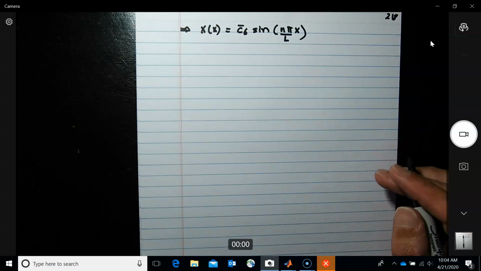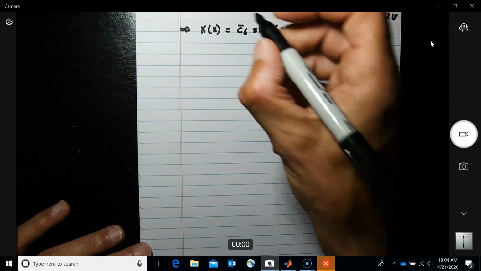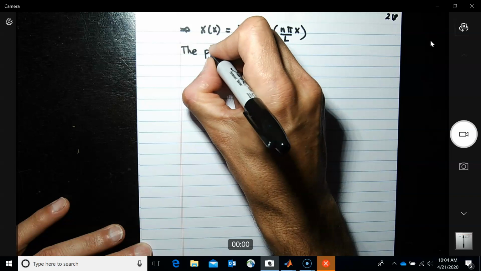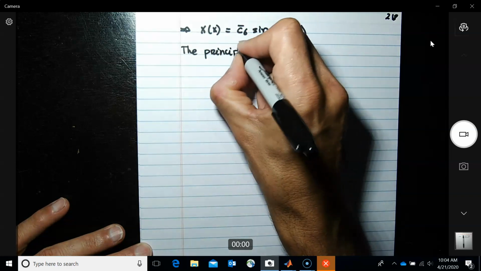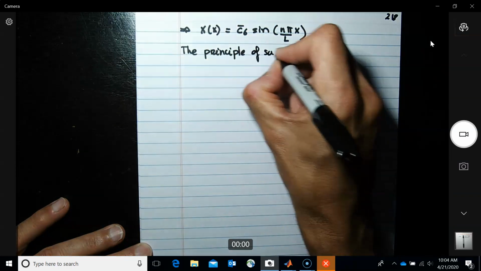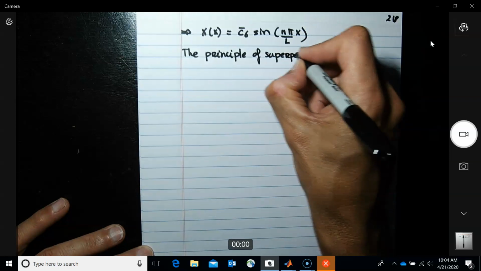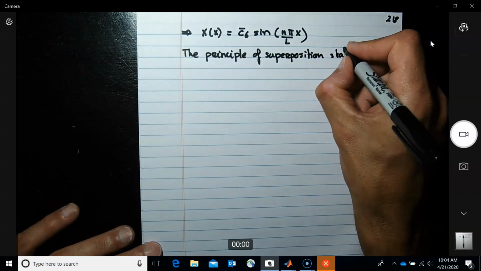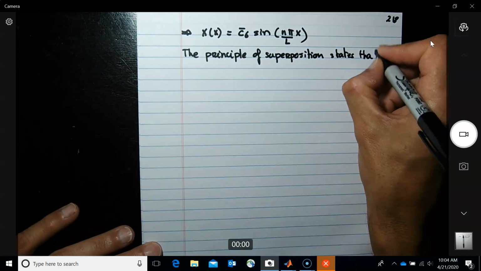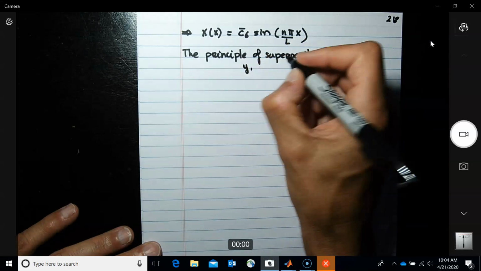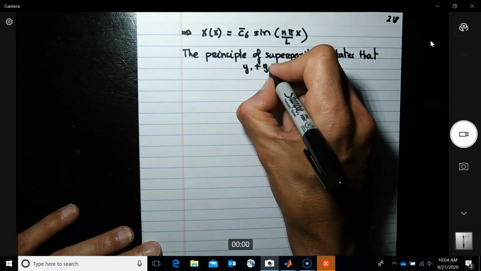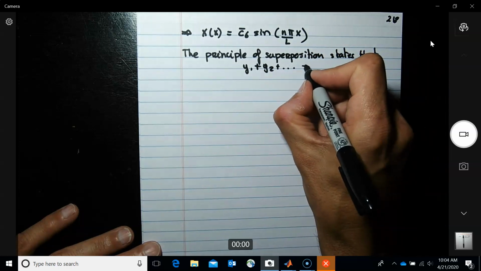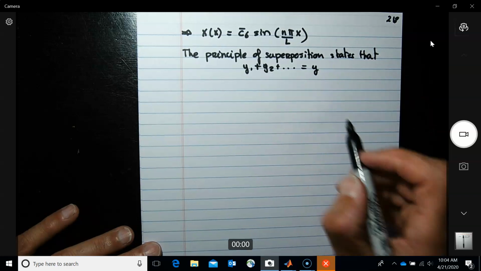Now if you remember the principle of superposition, it states that if you know a solution y sub 1 and you also have a solution y sub 2, any type of solution, if you add them all together, that will also be a solution y.